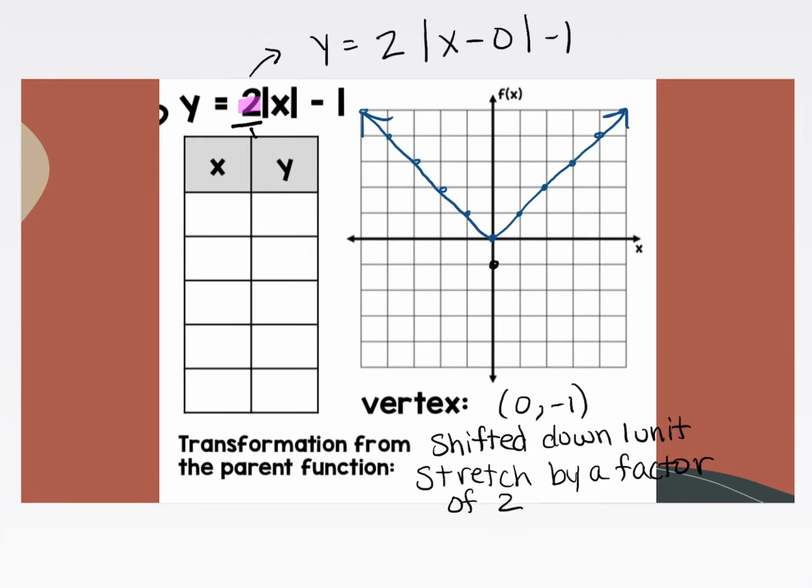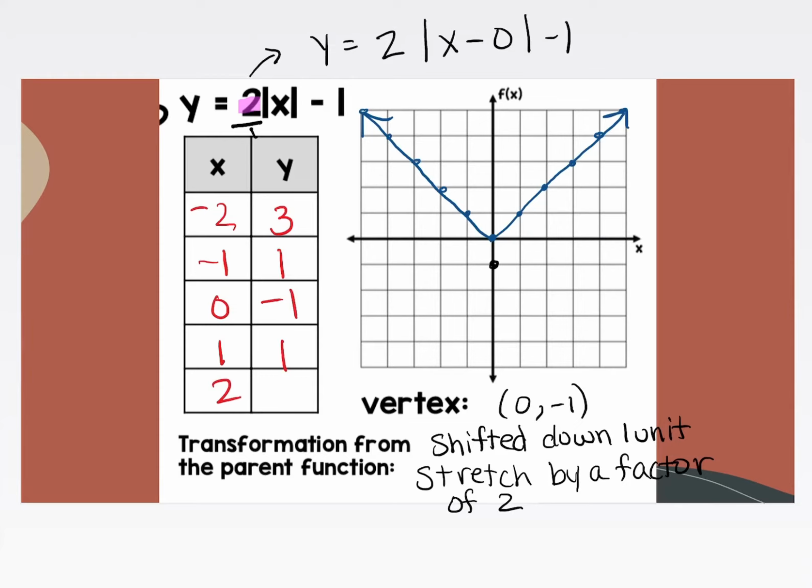Perfect. So let's plug in some values. Let's say we get -2, -1, 0, 1, and 2. The absolute value of -2 is 2, times 2 is 4, minus 1 is 3. The absolute value of -1 is 1, times 2 is 2, minus 1 is 1. The absolute value of 0 is 0, times 2 is also 0, minus 1. There's our vertex right there. The absolute value of 1 is 1, times 2 is 2, minus 1 is also 1.